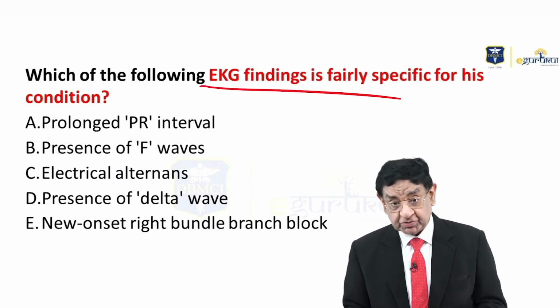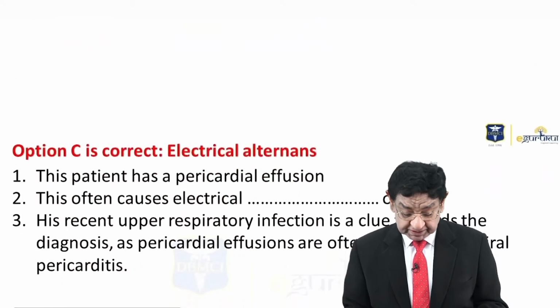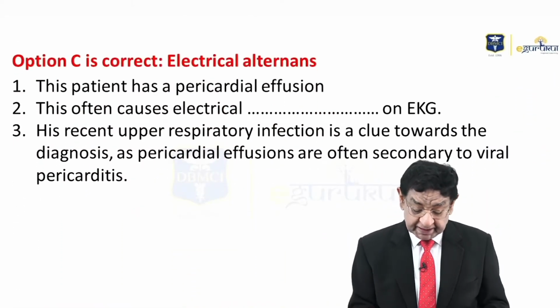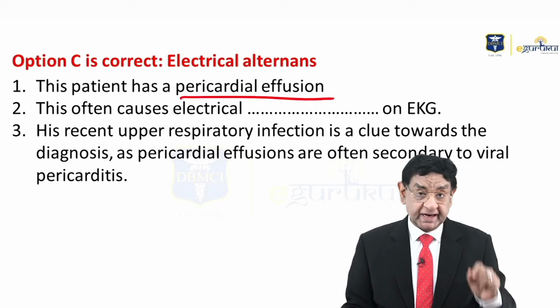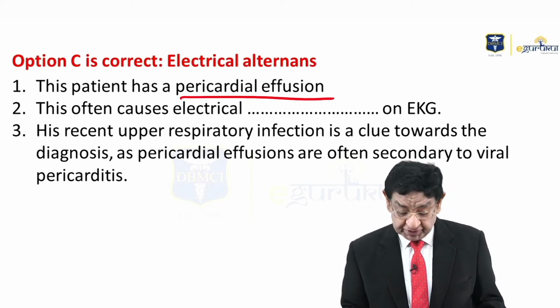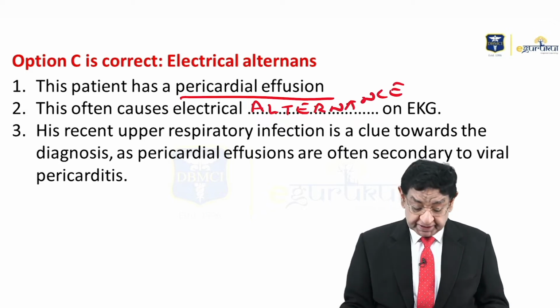Well, the answer to this question is electrical alternans. Why this? Why not others? So this patient has pericardial effusion. Okay, and we all know very well that pericardial effusion leads to electrical alternans in ECG or EKG.